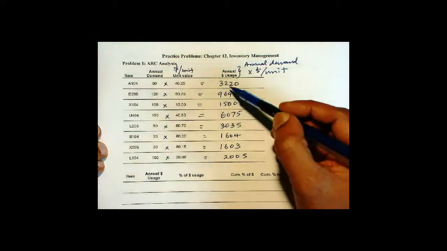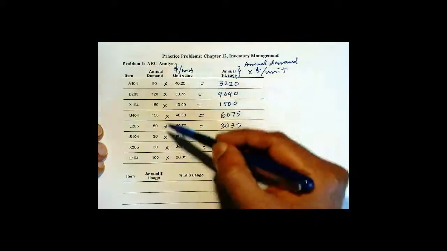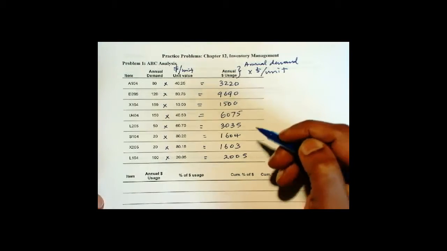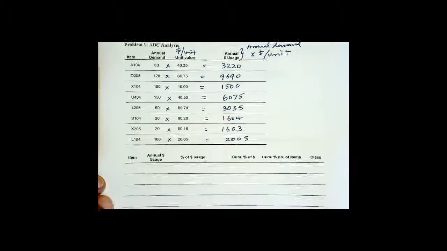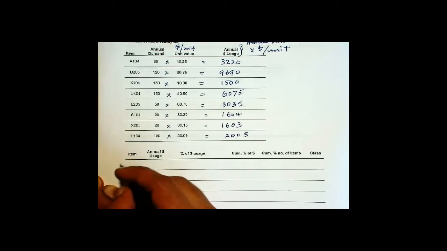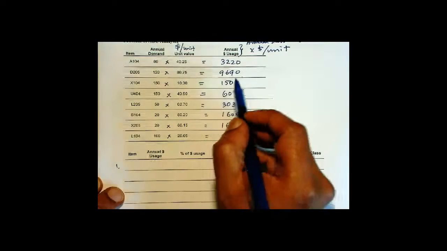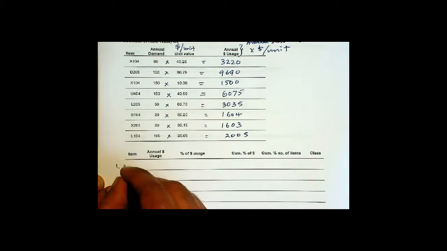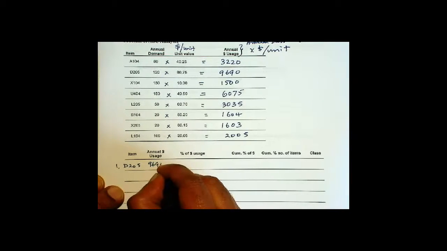Next we have to sort this list from the largest value to the smallest value. So let's do that here in the second table. The first item, the largest value is 96.90, so that is D205 is 96.90.